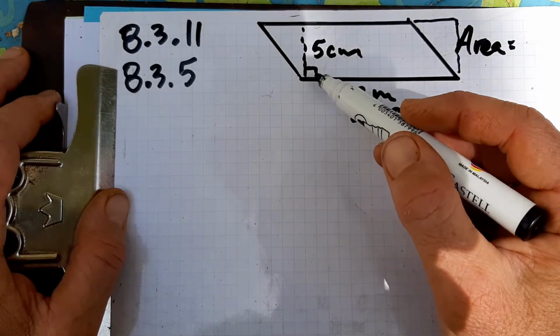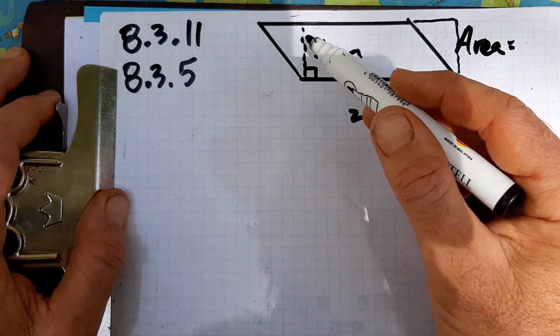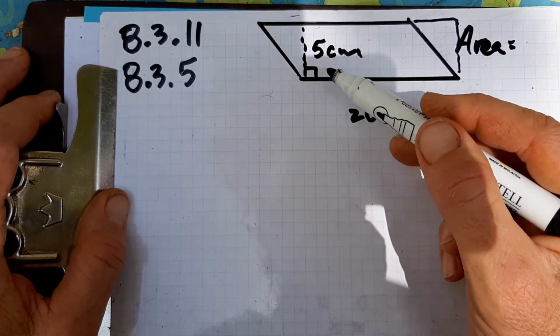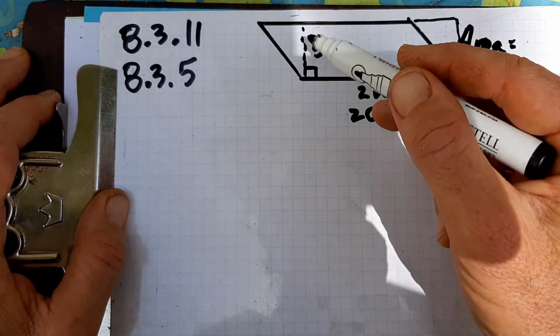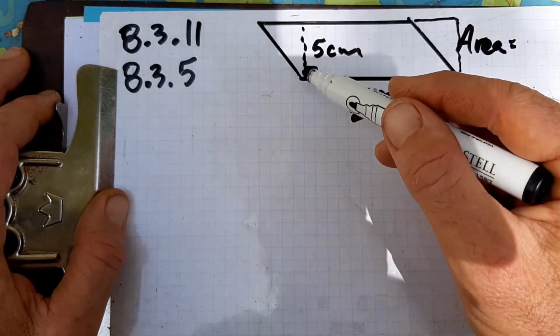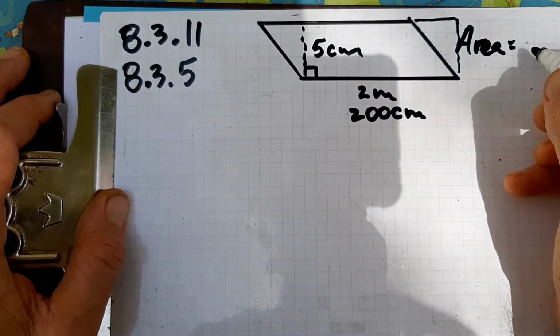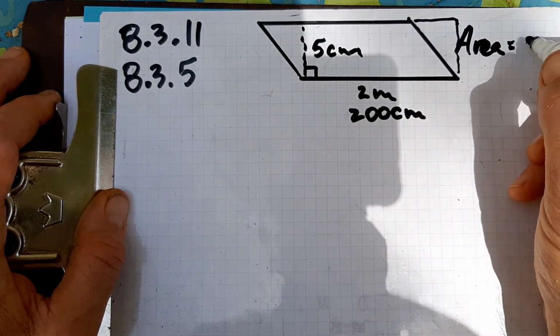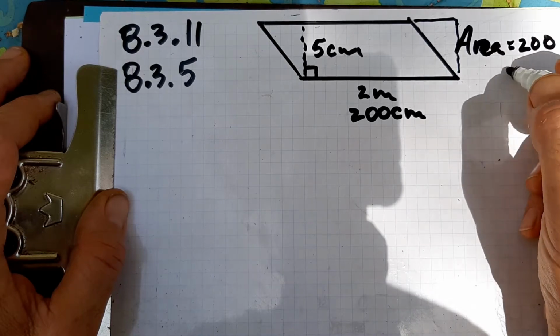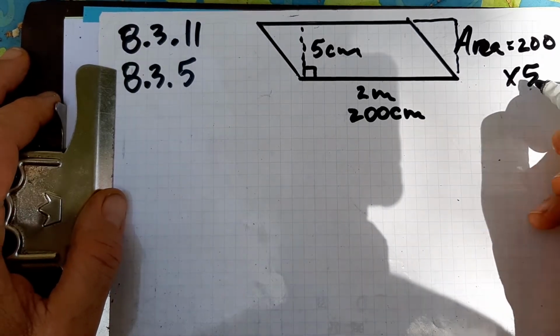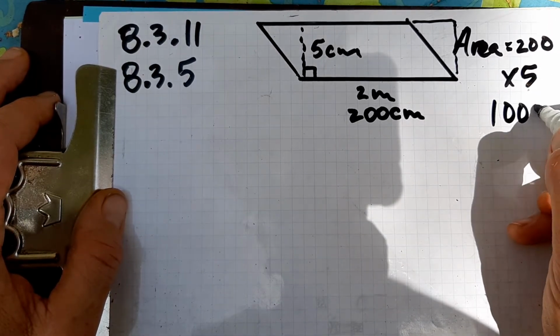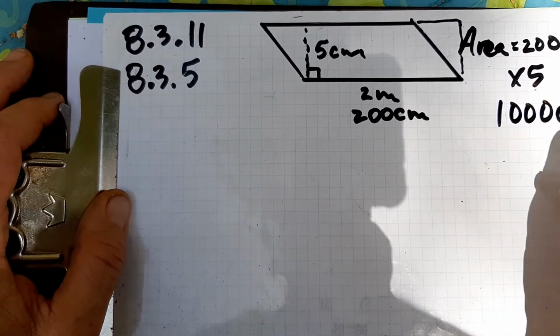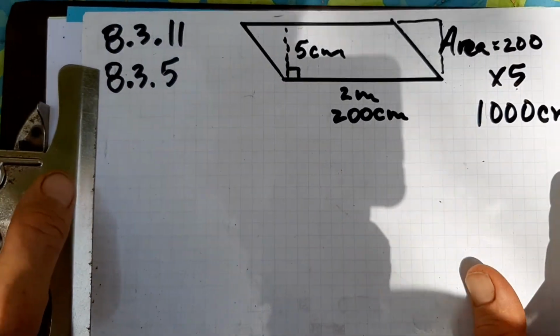You just got to make sure your height is always perpendicular to your base. You always use this for multiplying, not the slanted part. Okay, so this one, for example, would be 200 times 5, 1,000 centimeters squared. Okay, a little review there.